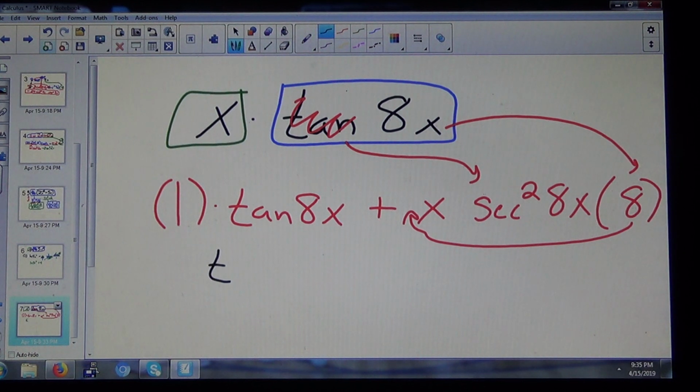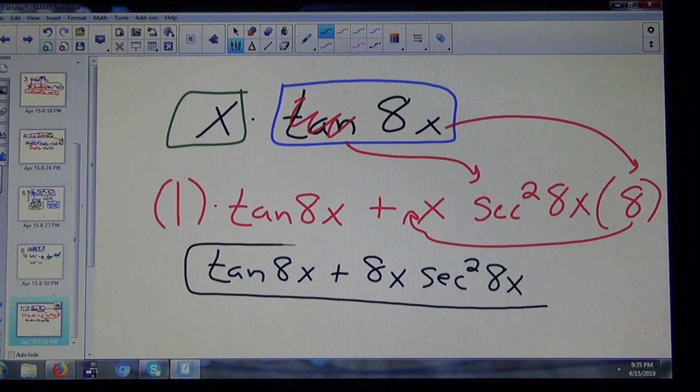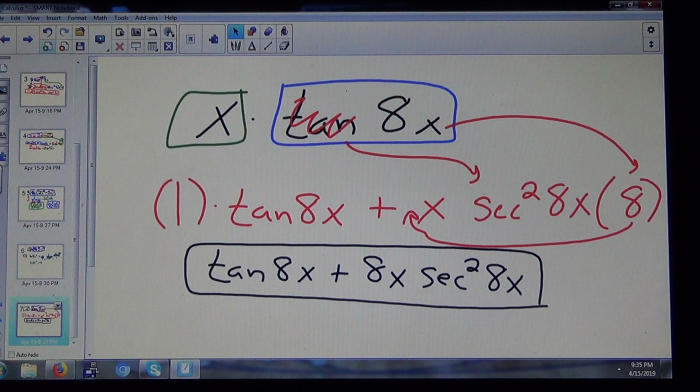And I would get tangent of 8x plus 8x secant squared. Okay.